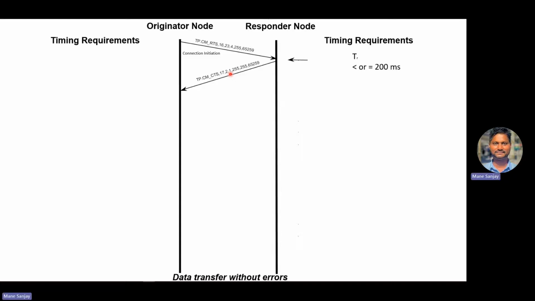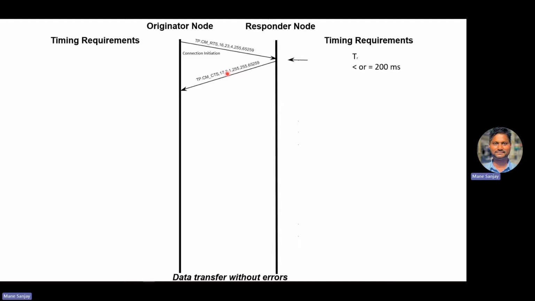When the connection mode clear to send message comes from the responder, the first byte is always the control byte. So it is again destination specific, clear to send. And the second byte is the number of packets that can be sent. Now, here we want to send 4 packets, but the responder is ready to receive 2 packets at the moment.